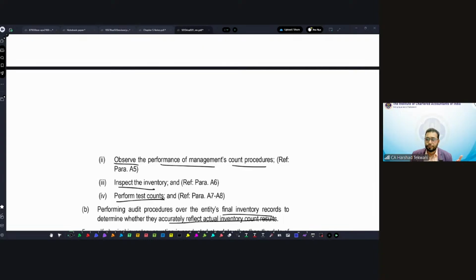So that is one thing, inventory count. What else?